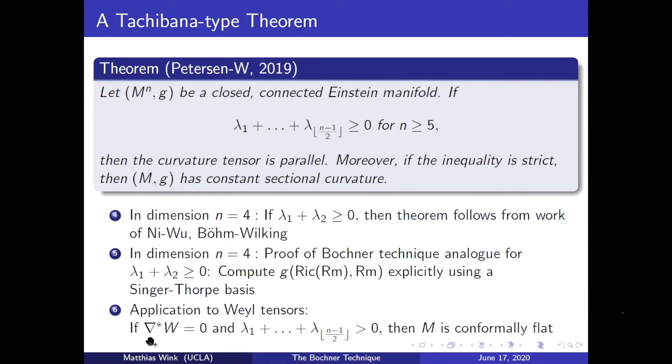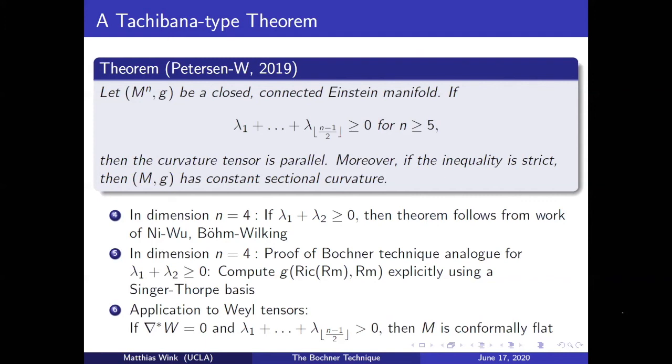So now for Weyl tensors, we assume that the Weyl tensor is divergence-free. Once we have that, we can write the Bochner formula down again, and we get the analogous condition lambda 1 plus up to lambda (n minus 1) over 2 positive. Then the Weyl curvature vanishes and our manifold is conformally flat.